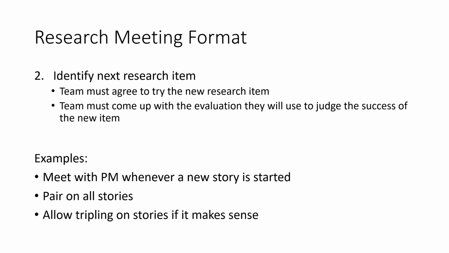So they were resisting pairing on those because they thought they wouldn't be much use. What the team discovered was that if you get 2 people who are quite capable in an area, and then bring in a third person who wants to learn about the area, it works really, really well. So we came up with this idea to allow tripling on stories if it made sense.